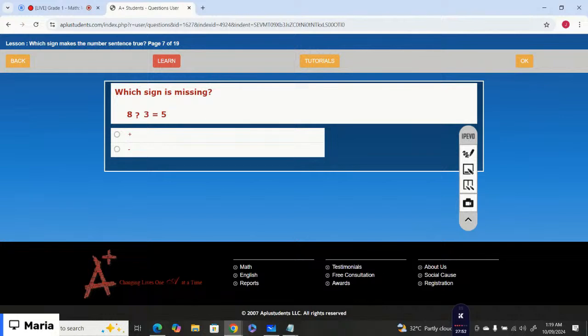That is 8 take away 3 equals 5. You have to subtract, right? So 8 take away 3 is 5. Okay, which sign makes the statement true?